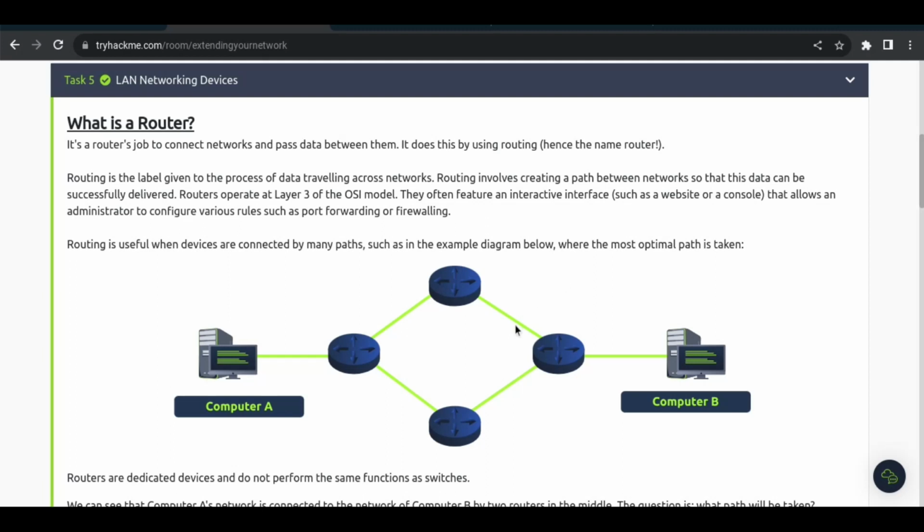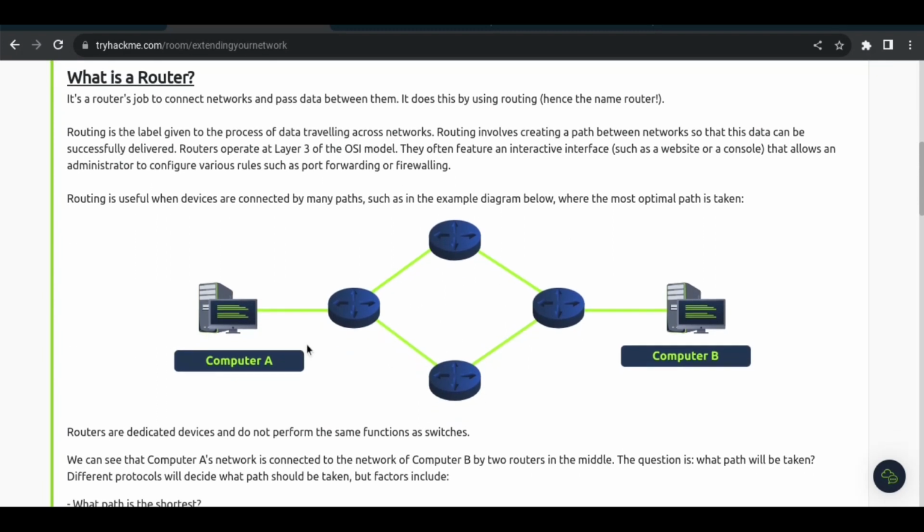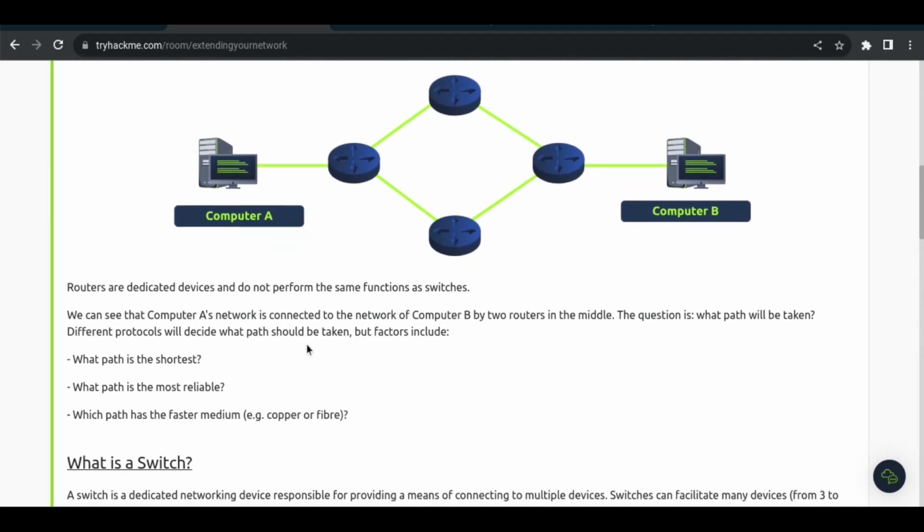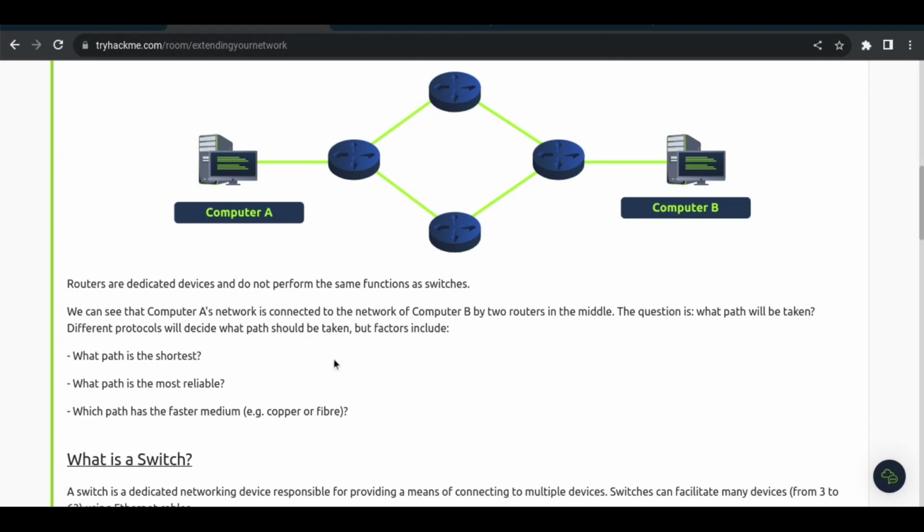Routing is useful when devices are connected by many paths, such as in the example diagram below, where the most optimal path is taken. Routers are dedicated devices and do not perform the same functions as switches.